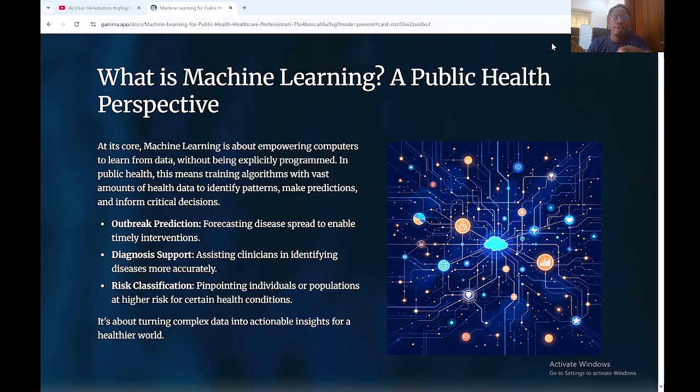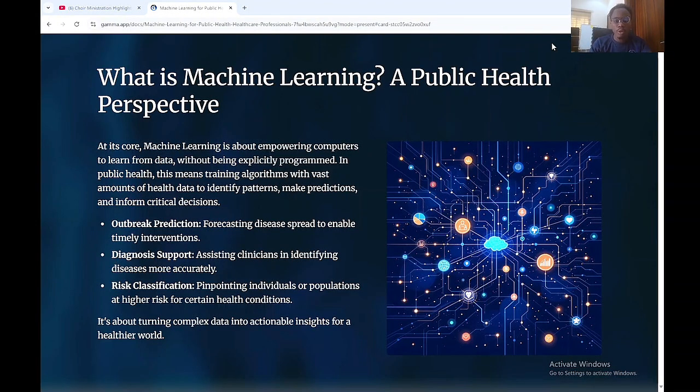Another way machine learning functions from a public health perspective is in terms of diagnosis support. When you have trained a model or data set with some form of algorithm, for example, somebody is suffering from a skin condition, you can use a model to predict some kind of manifestations on the skin.